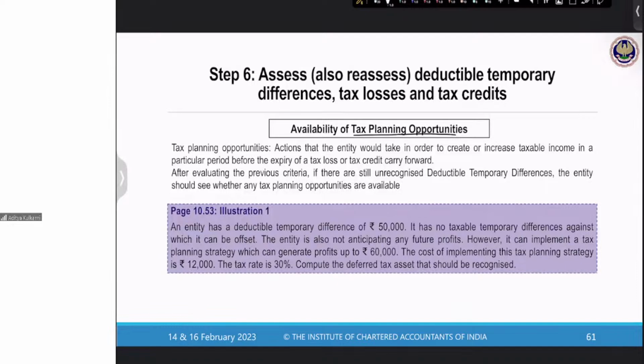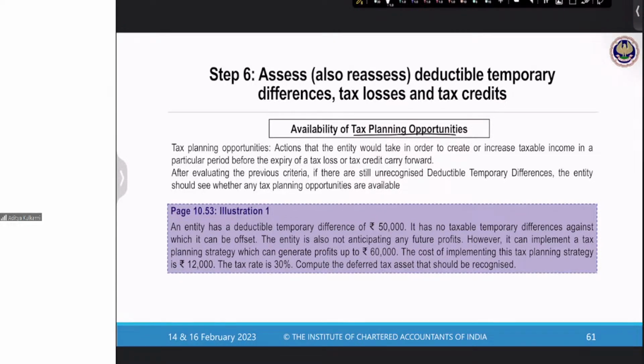So in the future, if you change from accrual to receipt, you may end up with a higher income in the future. If that is the case, that higher income may give rise to a taxable profit in the future, and that could meet the losses which you are suffering now. So that is how you are going to recognize it as a tax planning opportunity and recognize the deferred deductible differences today. So you can look at this example.